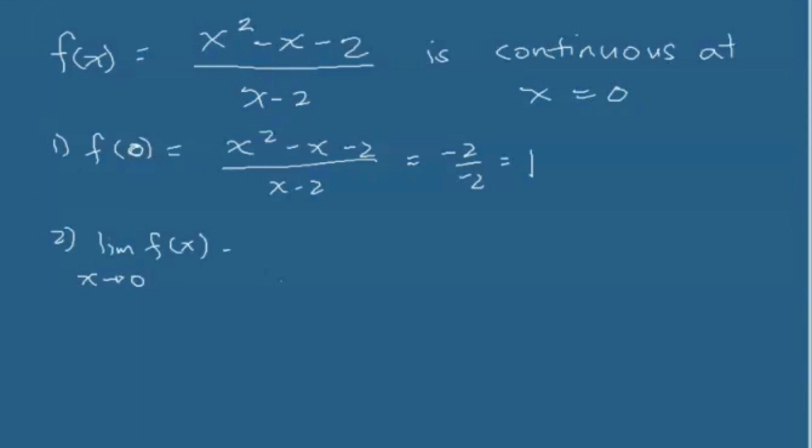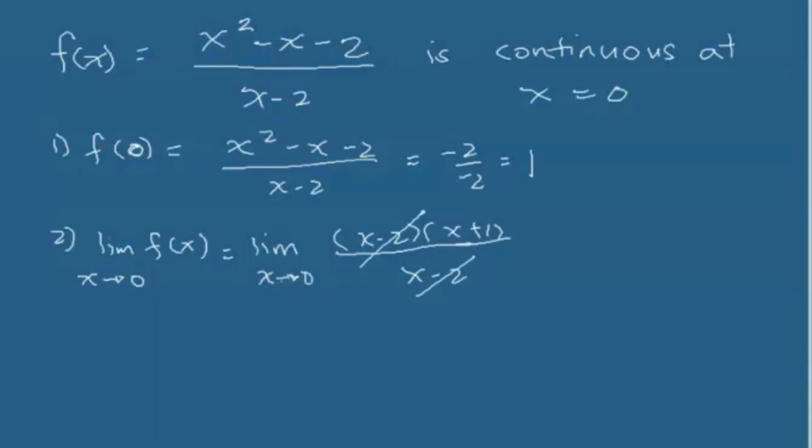Second step: the limit of f of x as x approaches 0 exists. Since this is a rational expression, we can use factoring. Let's factor the numerator. This is a trinomial, so it would be x minus 2, x plus 1, over x minus 2.